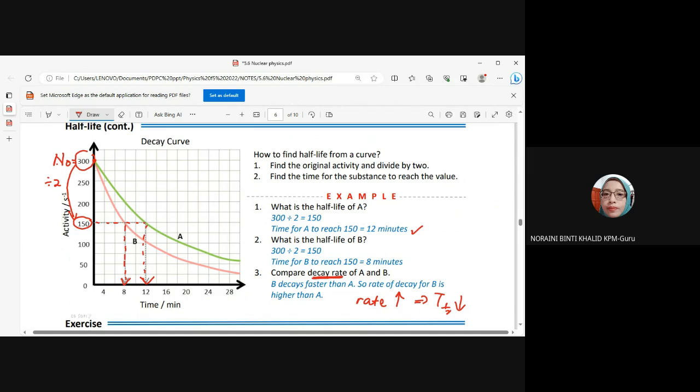The time taken is shorter. That is why we say the rate of decay of B is higher than A.